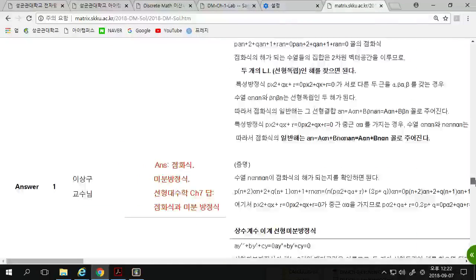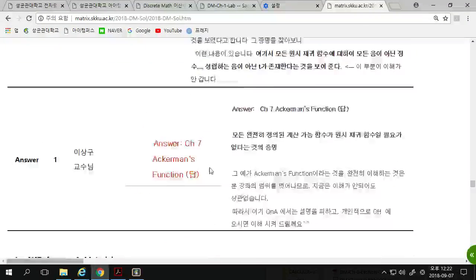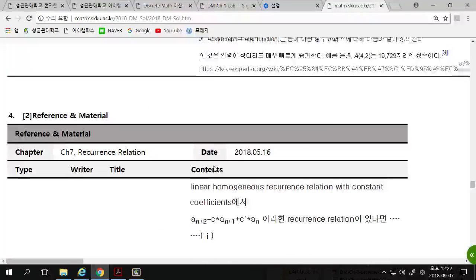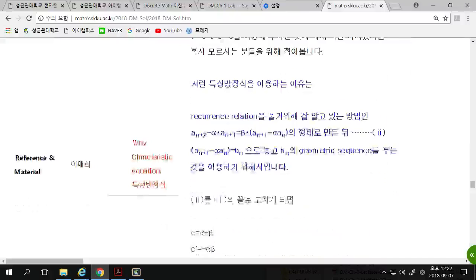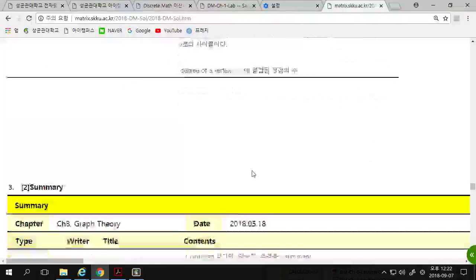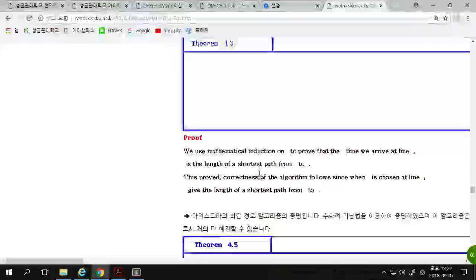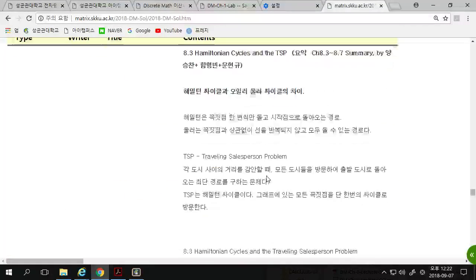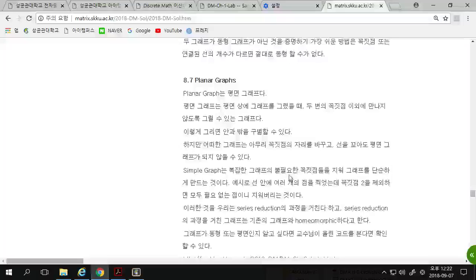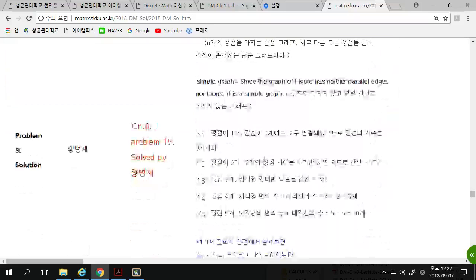If you go far, then for example, in chapter 7 and the problem number, for example, this is a summary of chapter 8 and solutions, problem summaries, and anyway, these are the kind of problems and questions and the solutions and answers for those.